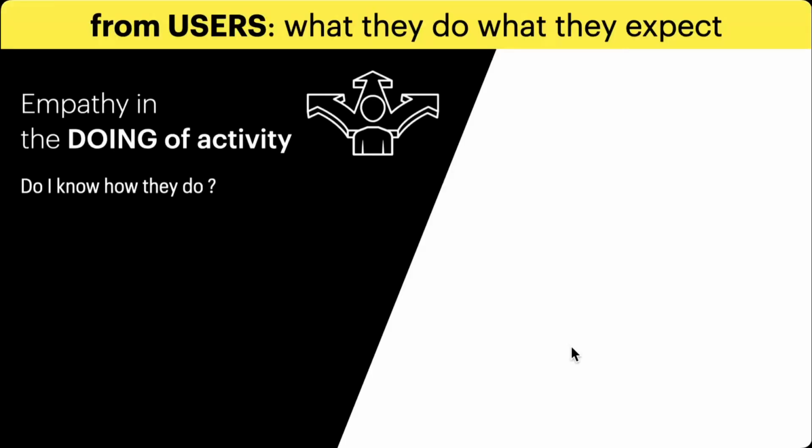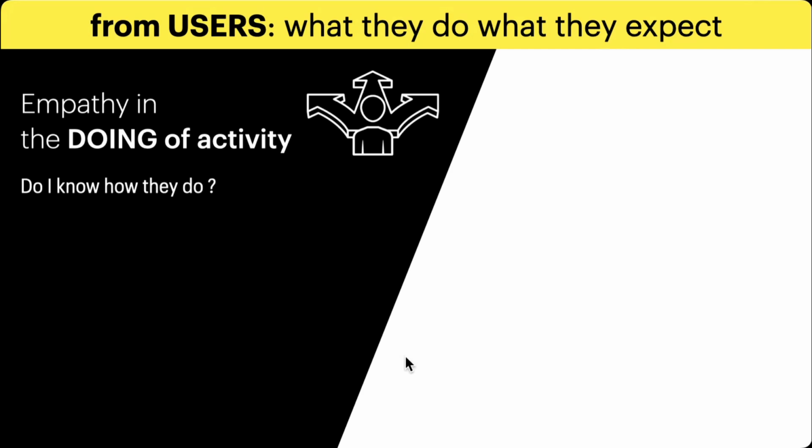If I look at it from the user standpoint, which is more often what most of us are used to, and really ask what they do and what they expect, that is primarily what we're looking at from an empathy aspect. So I'm dividing into two parts. As test folk, if I were to look at the human side of QA with respect to end users, am I able to empathize in their act of doing?